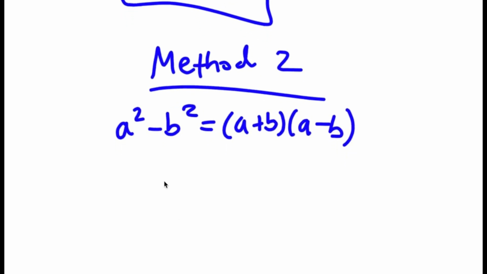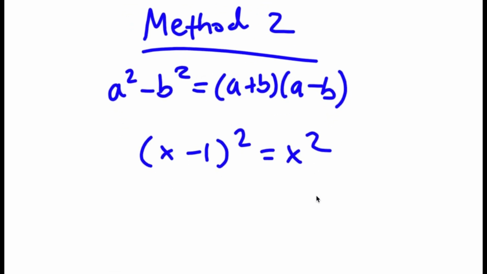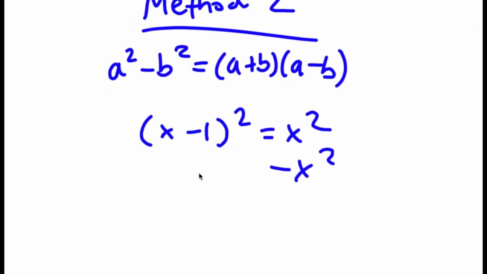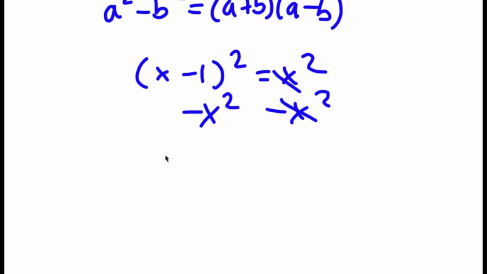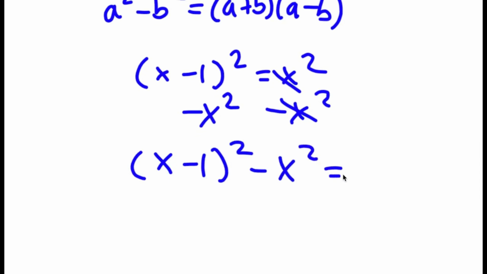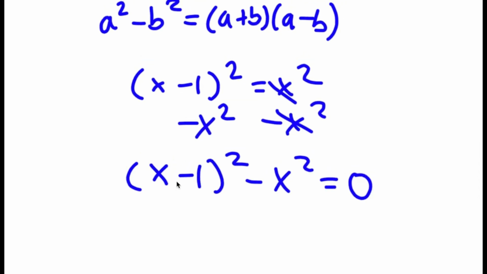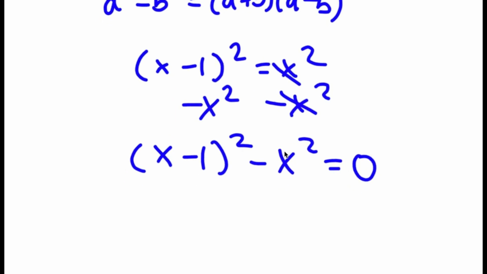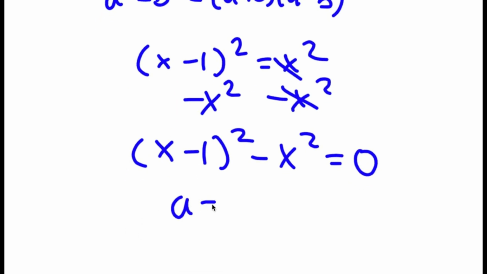So our equation is (x − 1)² = x². So I can actually subtract x² on both sides. So now I have (x − 1)² − x² = 0. And now notice how this is in the form a² − b². a is x − 1 and b is x.